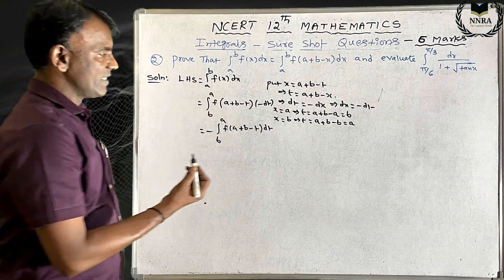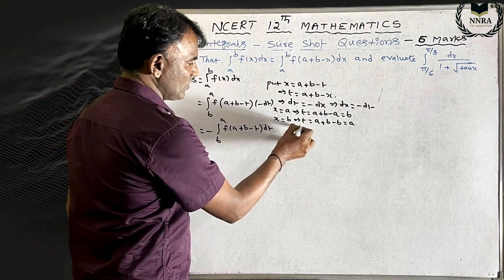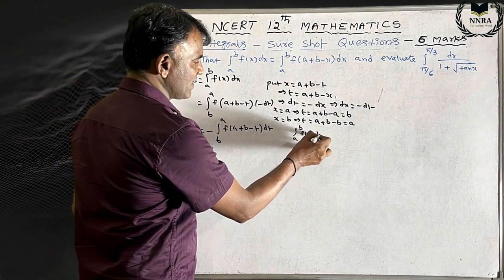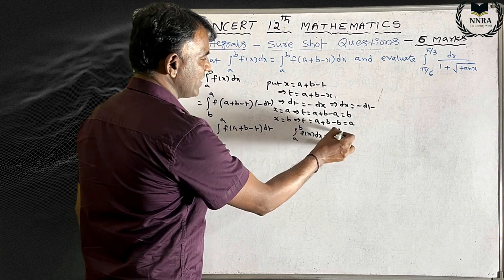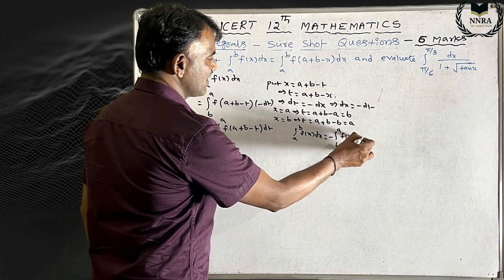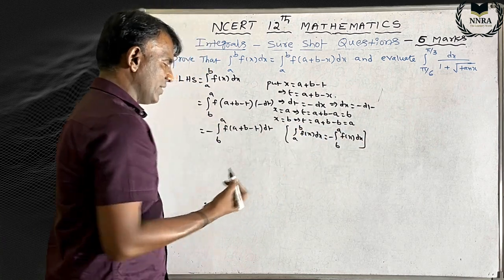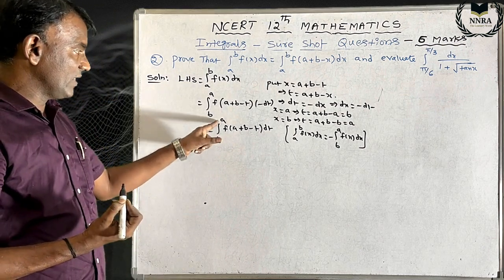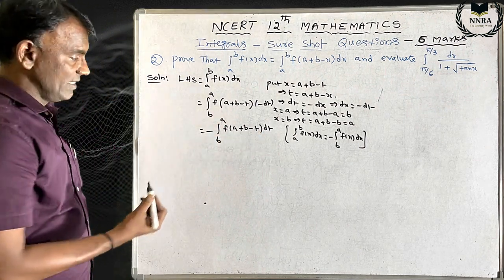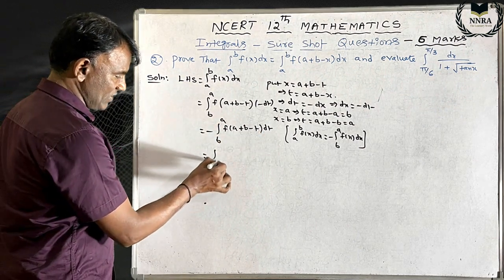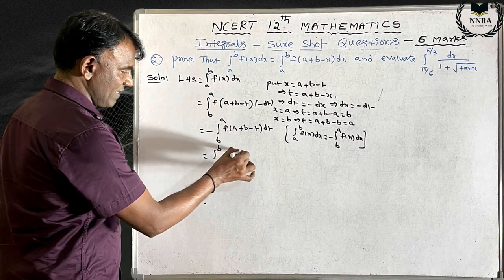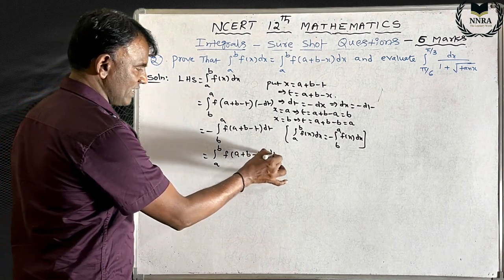And we know that integral a to b f of x dx equals minus integral b to a f of x dx, right? So use the same formula. Minus integral b to a can be written as integral a to b f of a plus b minus t dt.